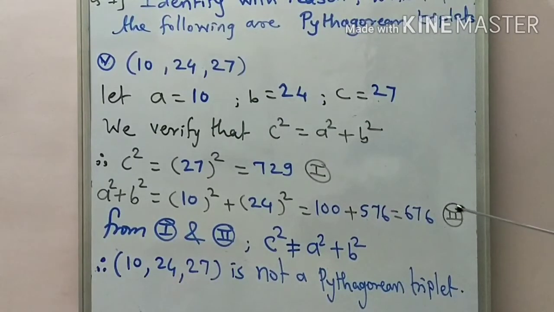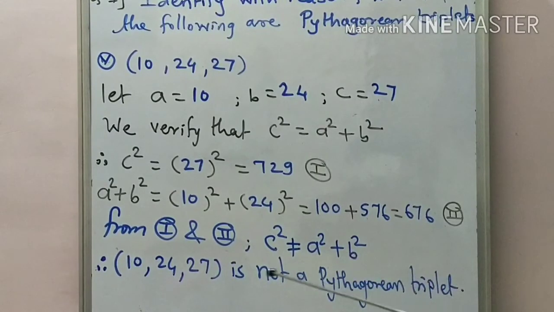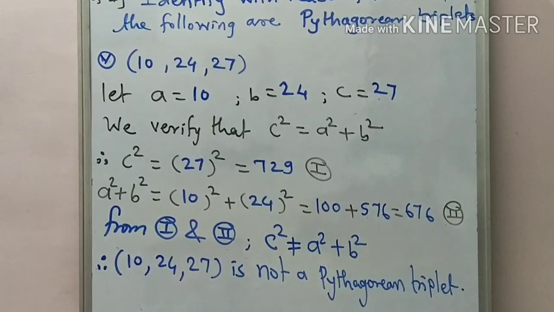And what we notice here, students, from 1 and 2, is that C square is not equal to A square plus B square, and hence we can say that the given triplet is not a Pythagorean triplet. Okay, so like this you have to solve the remaining examples that identify with reason which of the given triplets are Pythagorean triplets.